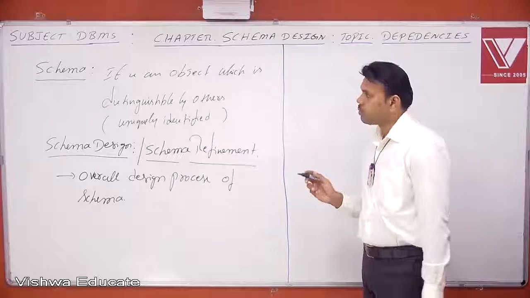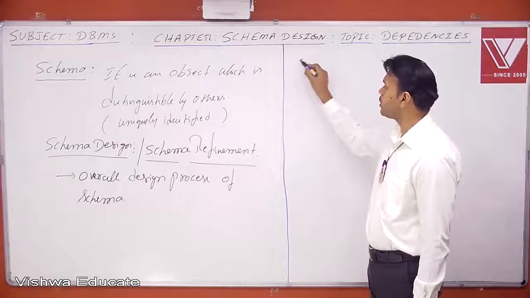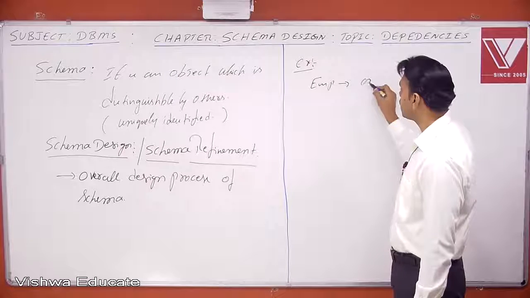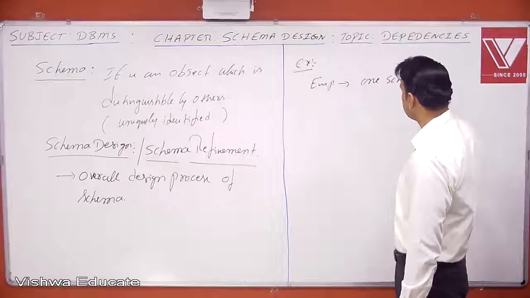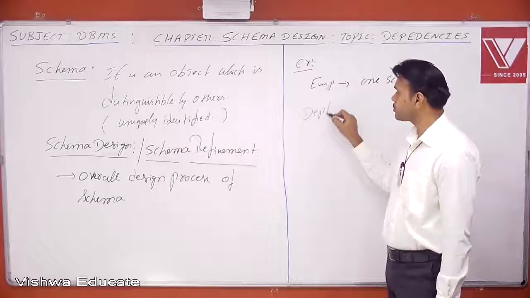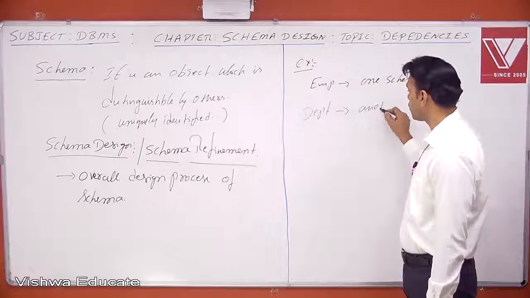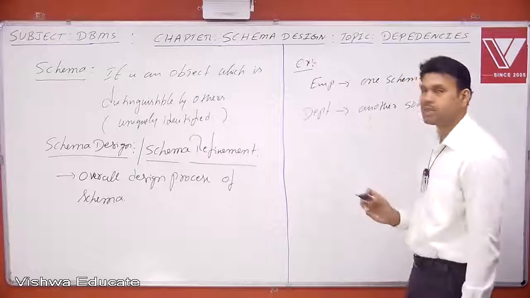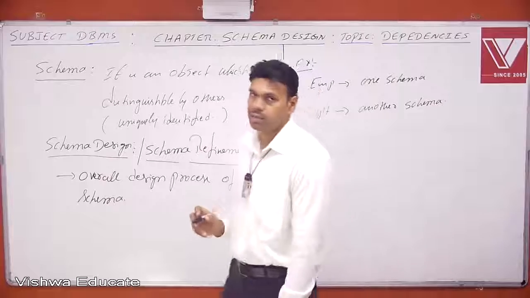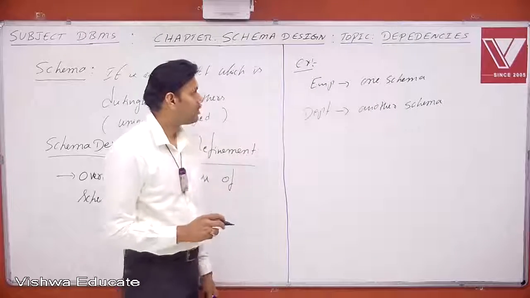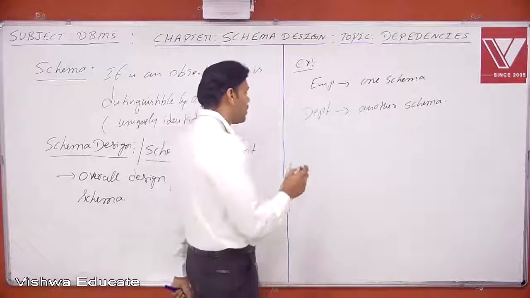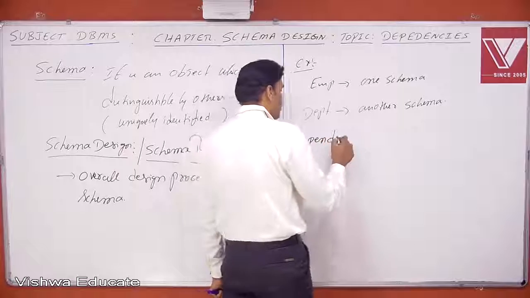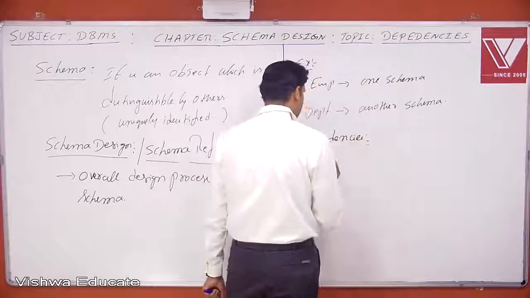So now let us see what is the meaning of a schema. For example, employee is one schema, and department is another schema. Schema is nothing but, in a general example, a structure or a table. Now we are going to learn the topic called dependencies.